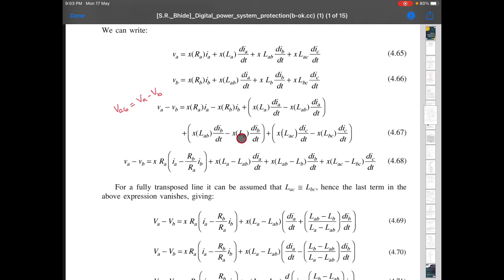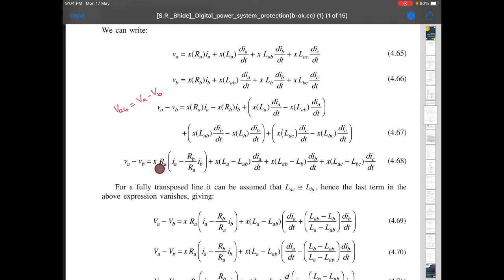So we try to simplify the equations here to reduce the number of terms in an equation. You can see here x into RA is taken common. Since this term doesn't have RA, it will come in the denominator, so when you multiply, you get this term back again.